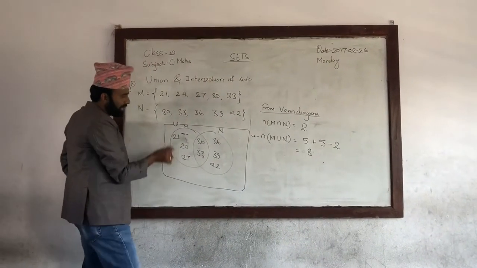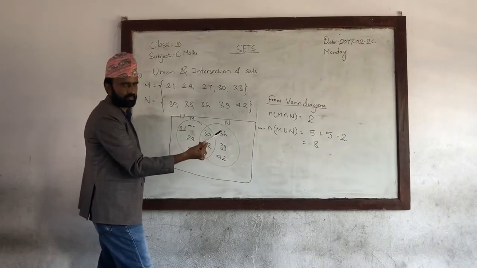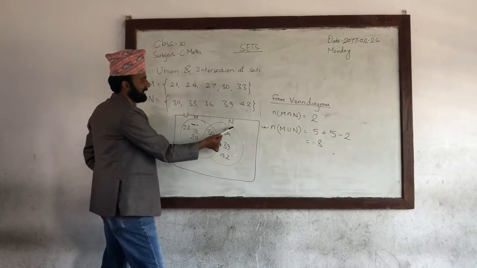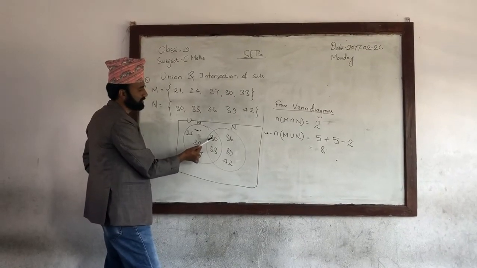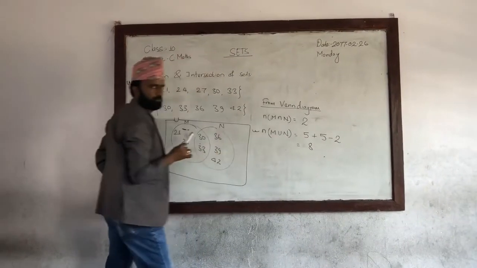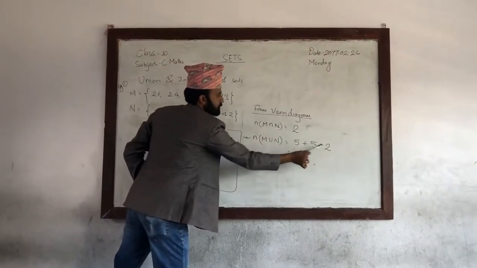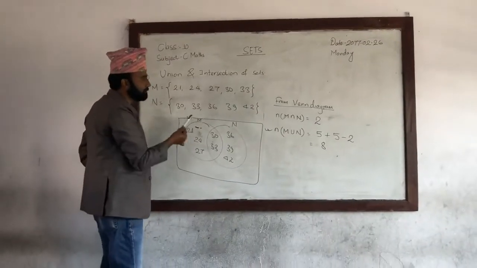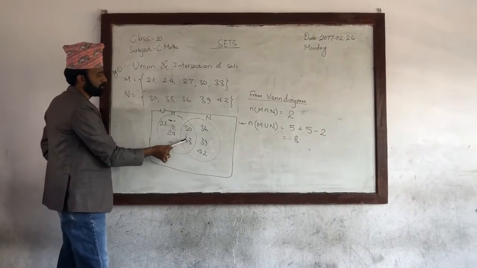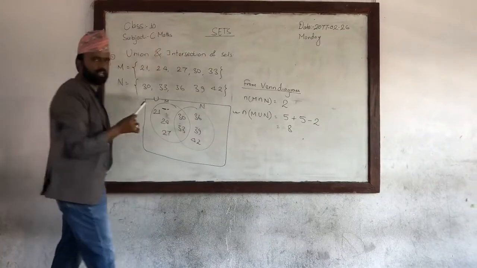And we counted 30 and 33 twice, in set M and also in set N. That's why we reduce 2, because we do not count the elements twice. 5 plus 5 minus 2 equals 8. Then you can be more clear from the Venn diagram: 1, 2, 3, 4, 5, 6, 7, 8. That is M union N.